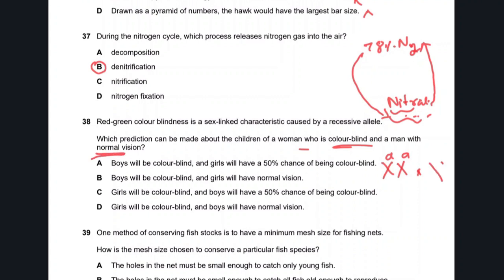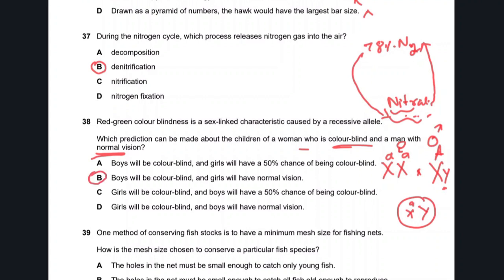So what are the chances in their children? If the boy gets Y from the father and X from the mother, then the boy will be colorblind. So this is the chance that the boy will be colorblind.